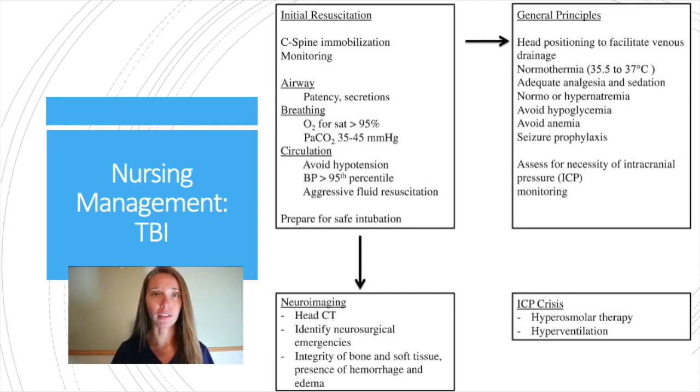You're going to want to make sure that the bed is lowered and locked. So not necessarily the patient being flat, they still need to be at least 30 degrees to facilitate that venous drainage from the brain. But at the same time, the bed needs to be in a low position and locked, because in the event that the patient did fall out of the bed, we want to be as close to the ground as possible.